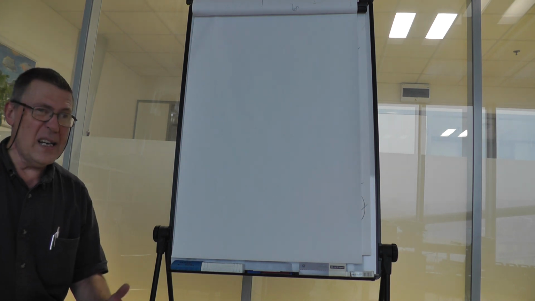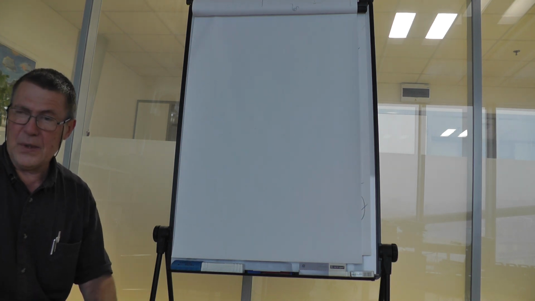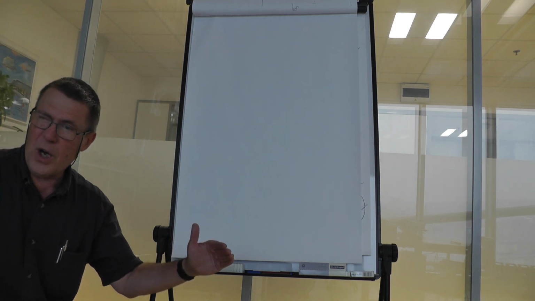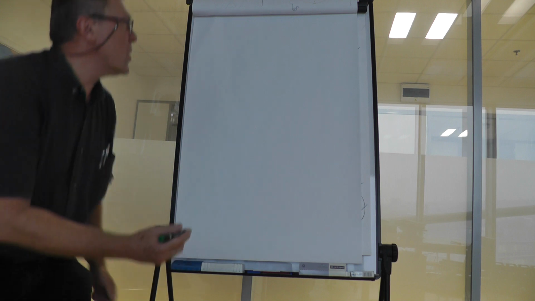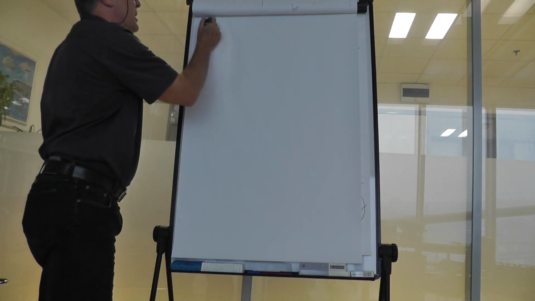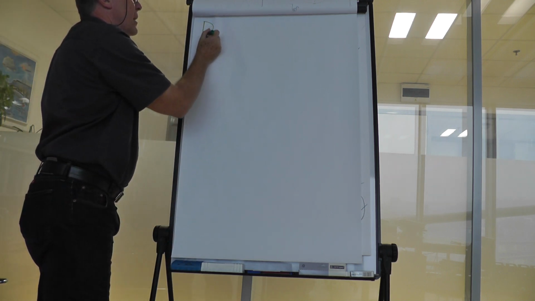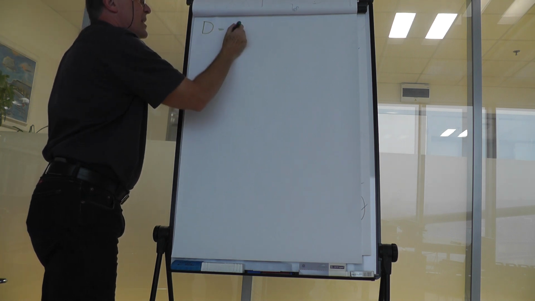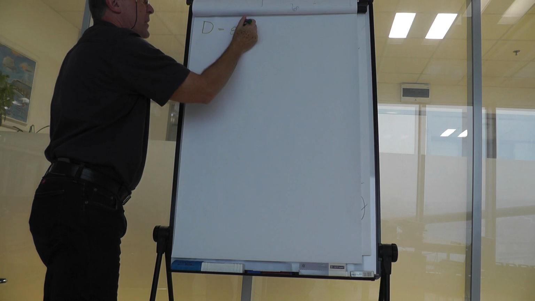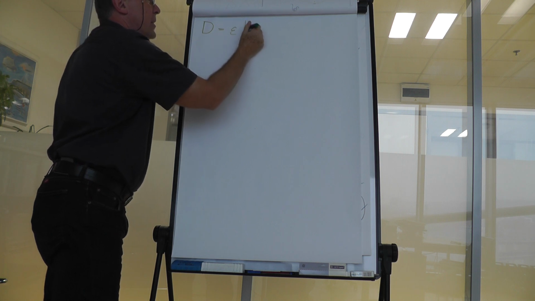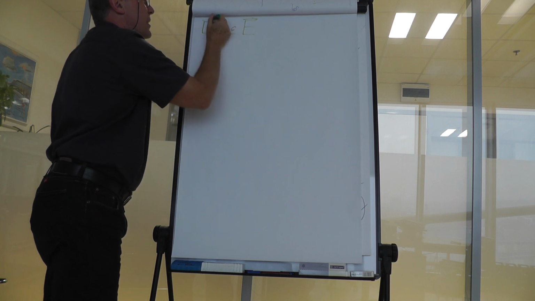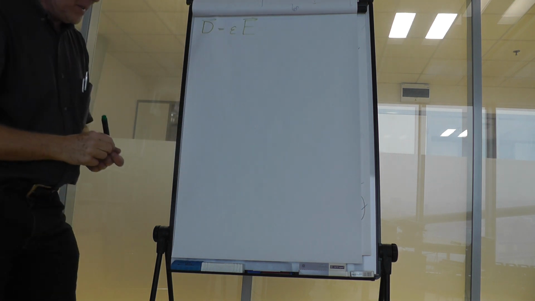So now let us first put the important equations at the top of the paper. So we have electric flux density as a product of permittivity and electric field strength. So that's the first equation.